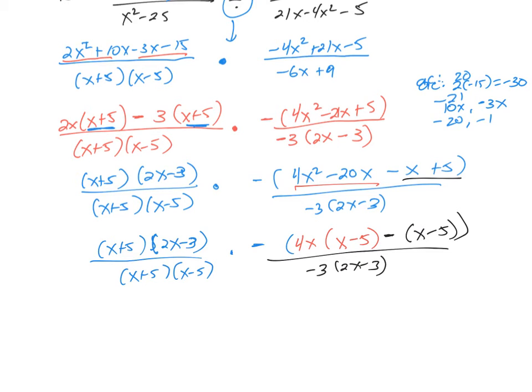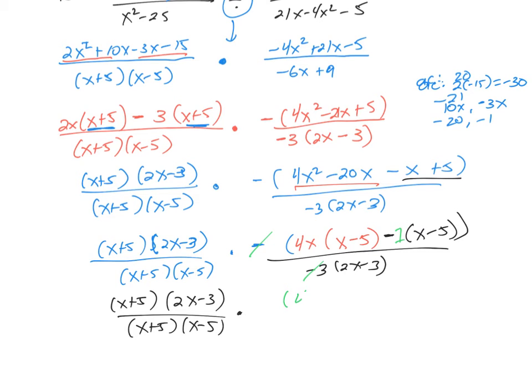We're almost there on our factoring. I'm going to keep going. So I copy the first fraction, x plus 5 times 2x minus 3, divided by x plus 5 times x minus 5. I can cancel out a negative here. I can cancel out this negative with that negative. And then the numerator, have a common factor of x minus 5.